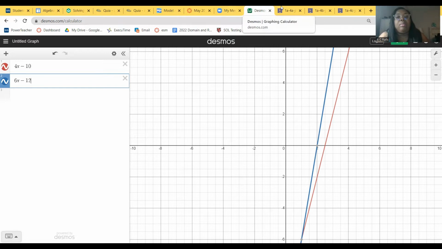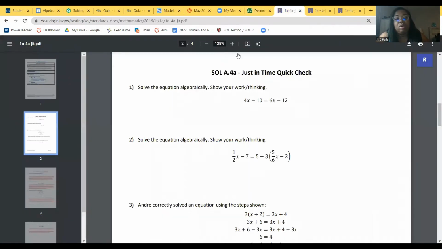Now, if you would like to use Desmos for these and they have another letter like A, B, C, or D, you will have to change that letter to x because the Desmos calculator is not going to graph anything other than x and y. So I would change it to make sure that it's x so that you'll be able to get the answer if you choose to use Desmos.